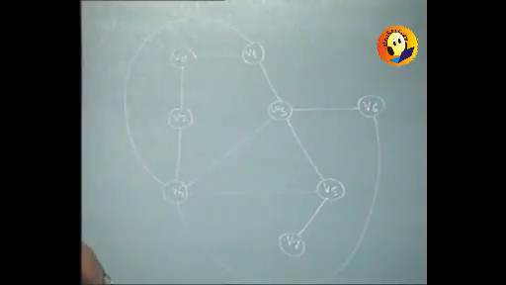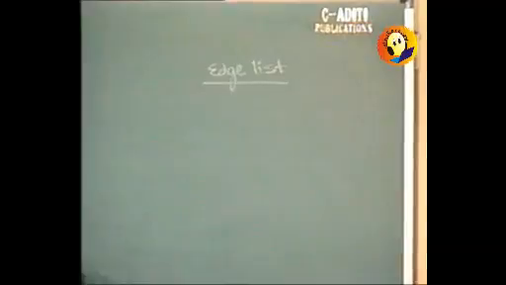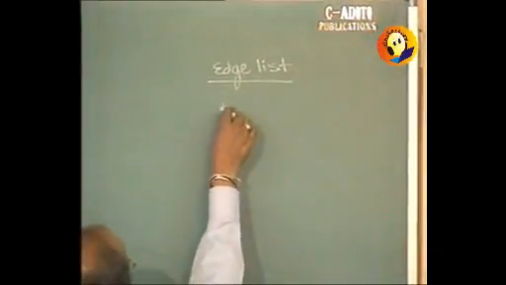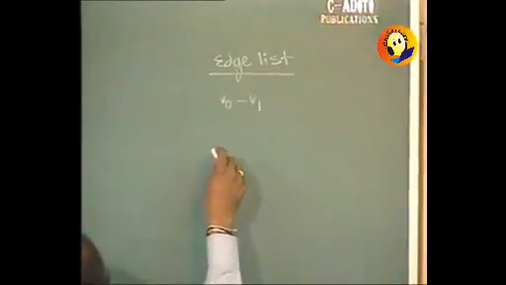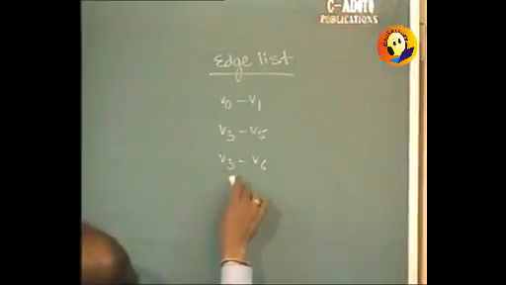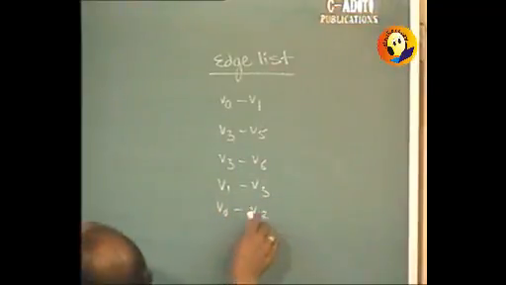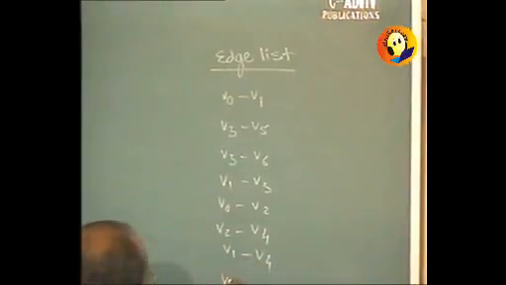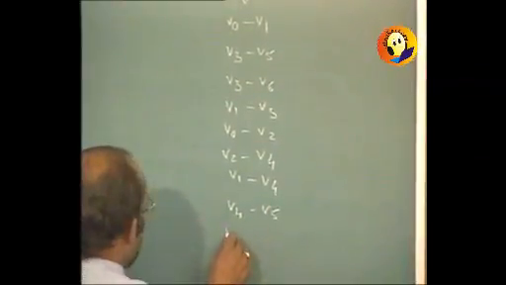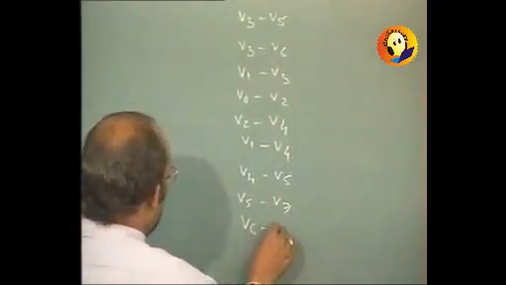Now today's concept will be, the edge list will be given by the user as say V0, V1, then V3, V5, then V3, V6, then it could be V1, V3, then V0, V2, it could be V2, V4, V1, V4, V4, V5, V5, V7, then V6, V4.